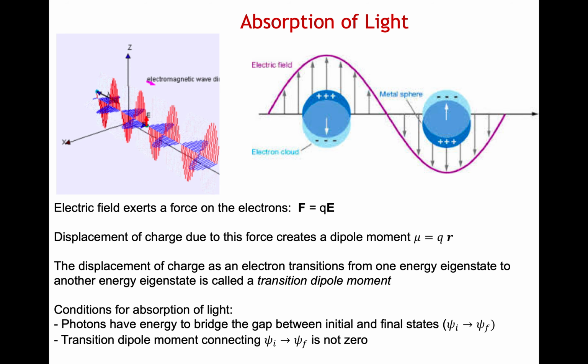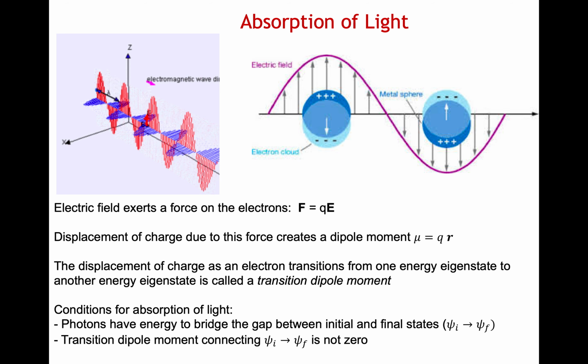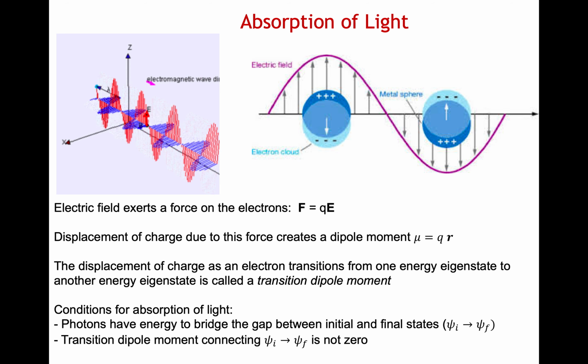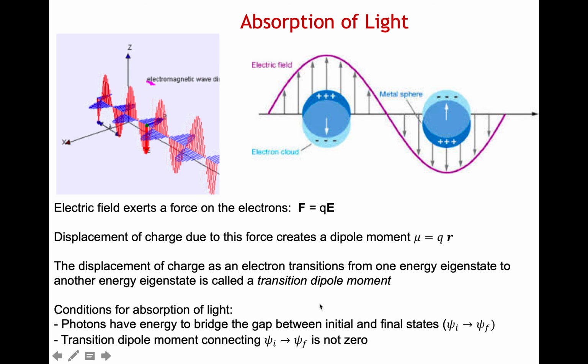Okay, and so why do molecules absorb light? Essentially, molecules absorb light because light can actually transfer energy to the charges involved in atoms and molecules. And of course, the charges are nothing more than the electrons and the protons.